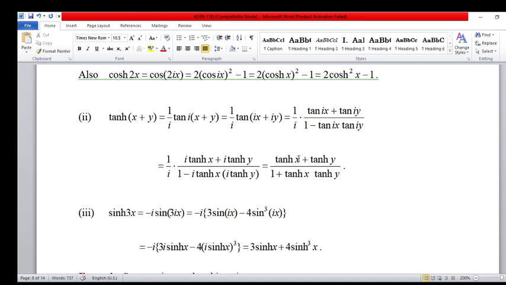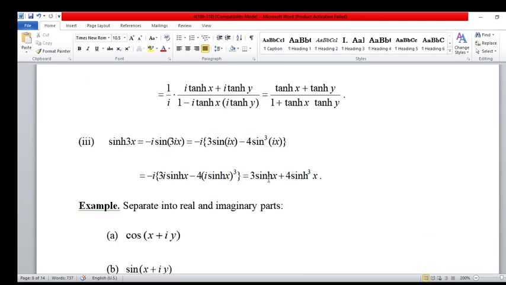So this is tan hyperbolic x plus tan hyperbolic y upon 1 plus tan hyperbolic x tan hyperbolic y. In the general formula it is plus minus, here minus, here plus. So in the hyperbolic formula, tan hyperbolic a plus b is equal to tan a plus tan b upon 1 plus tan a tan b.